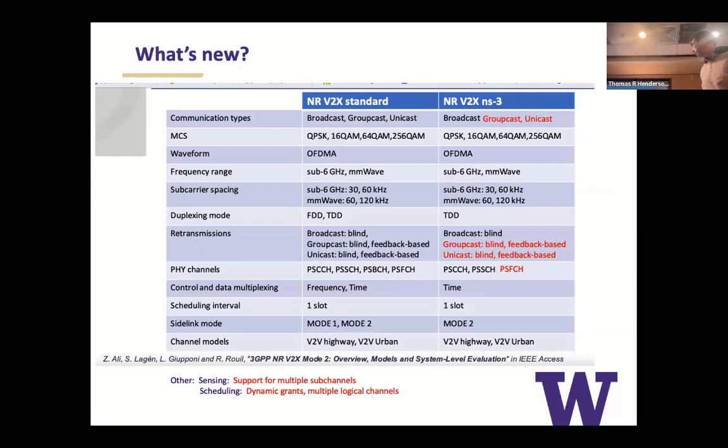And we've added a number of new capabilities in red, which I'll be talking about today, principally the ability to send both groupcast and unicast communications instead of just broadcast, and the various HARQ models that support that, as well as a PSFCH feedback channel, and then some additional enhancements to the sensing and scheduling algorithms to support all of this work.